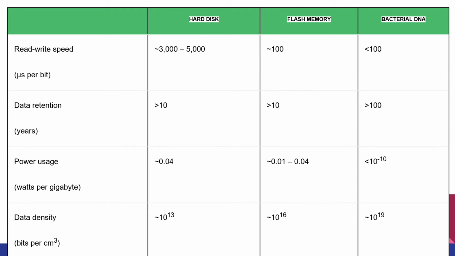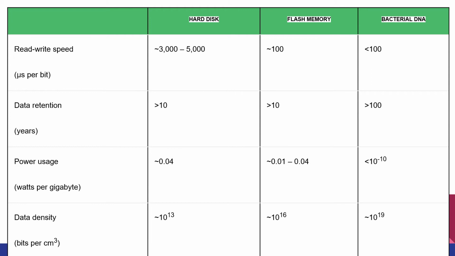Now, data retention, it's more than 10 years in hard disk, more than 10 years in flash memory, and more than 100 years in DNA. Now, power usage, it is around 0.04 watts per gigabit in hard disk. In flash memory, 0.01 to 0.04 watts per gigabit, and in DNA, it is less than 10 to the power minus 10 watts per gigabit.